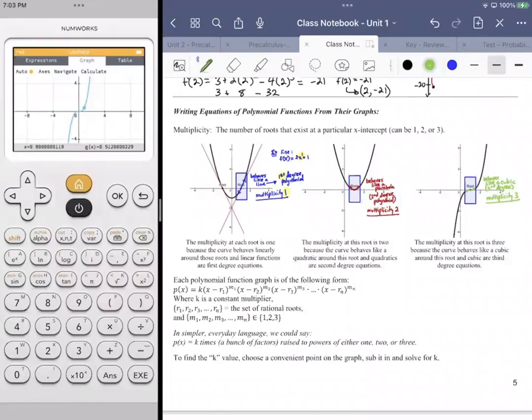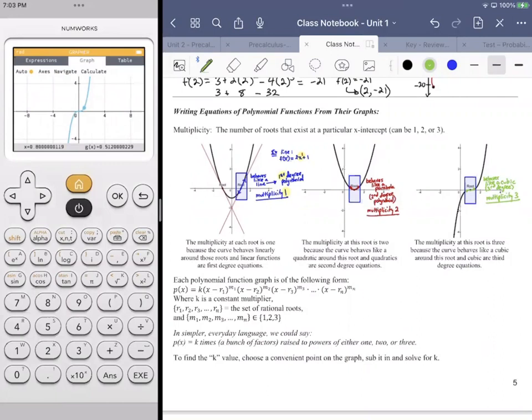Basically, any function, ordinarily f of x would be the name of the function. But if you want to get more specific, think about the name of the function itself, like polynomial or rational, and use the first letter of that word in place of the f in f of x. So if I had a rational function, I'd say r of x.